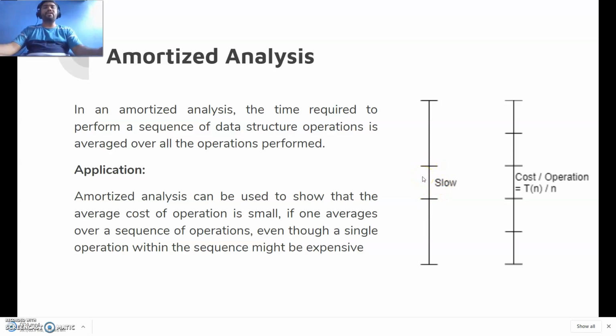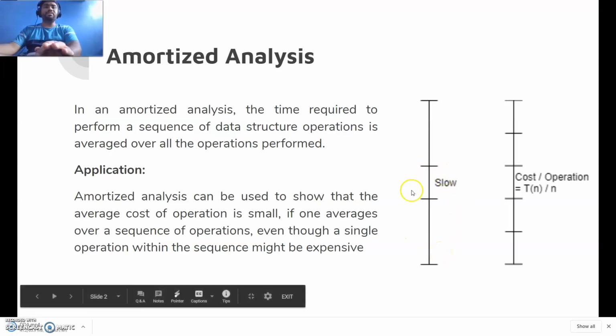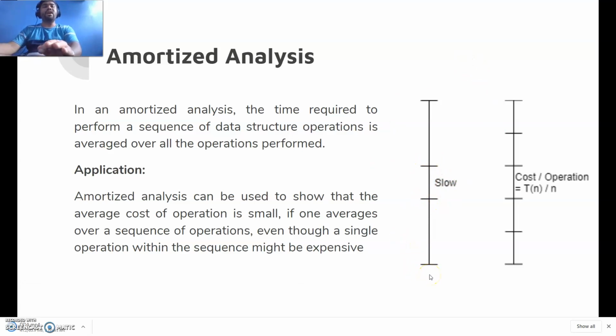Suppose we are doing some kind of matrix multiplication over here where we have three nested loops, so it might take a lot of time to compute this part, whereas the rest of the parts are very simple. Suppose they just have big O of one complexity because they are constant time operations. Still, just because of this part, the entire algorithm is labeled to have a higher complexity.